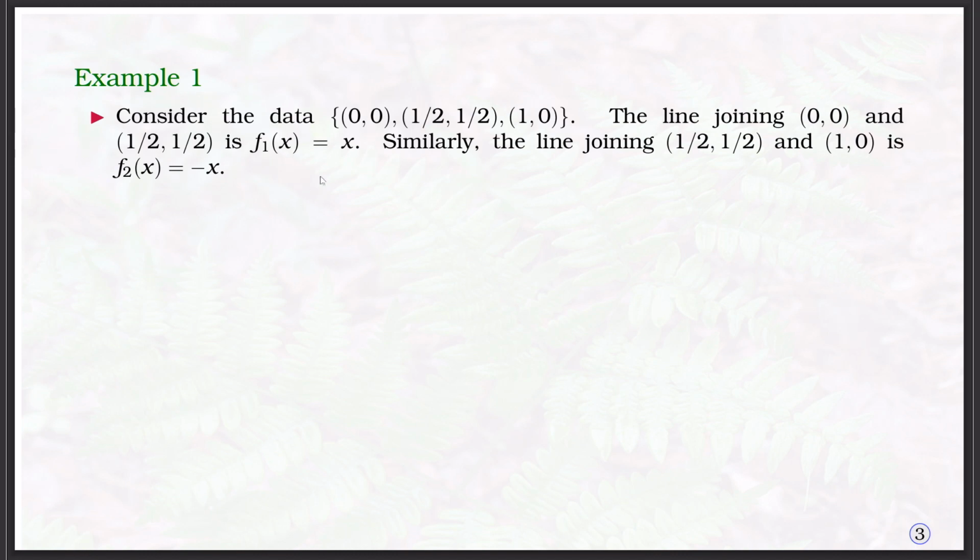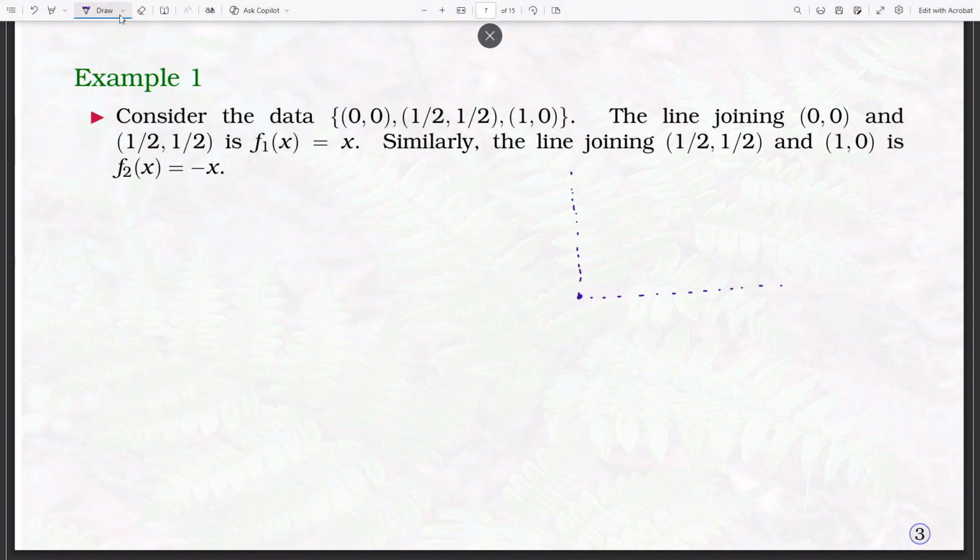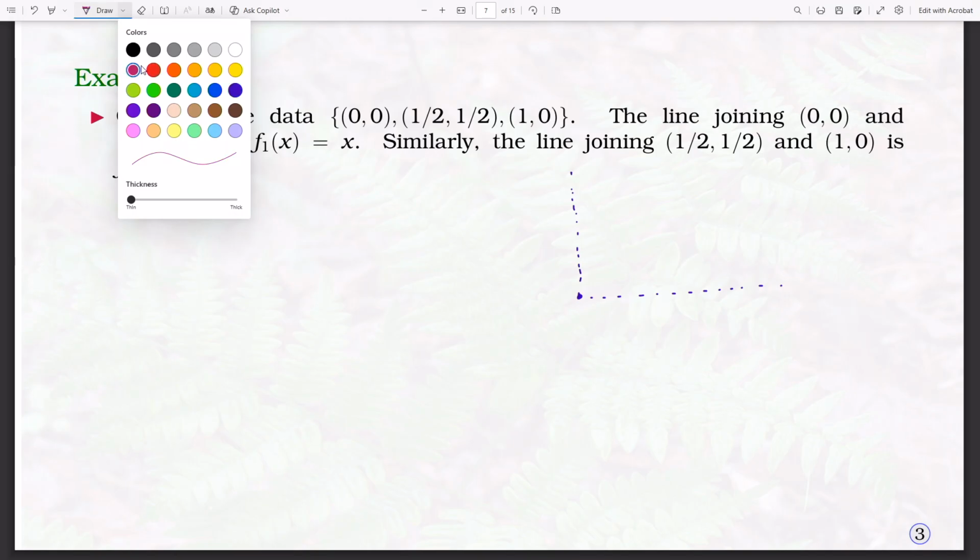Consider the data set (0, 0), (1/2, 1/2) and (1, 0). Now, the data points are (0, 0). So, (0, 0) is typically here; maybe I will use a different color to mark the points.